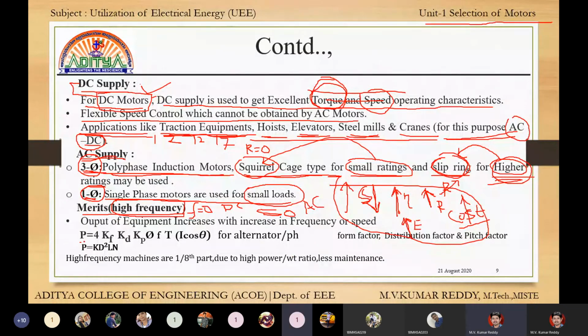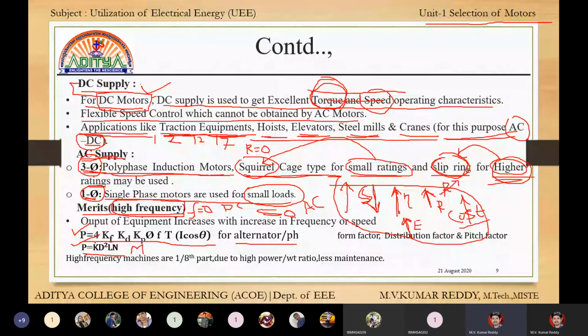Next, this is the main formula regarding alternators, and this is the main formula regarding motors. The first formula is for alternators. Alternators means AC generators. The second formula is for motors.